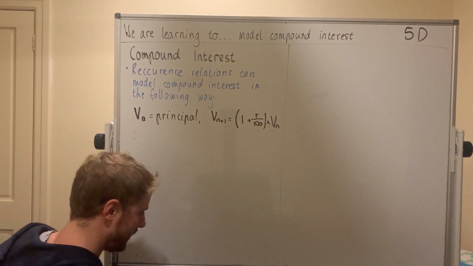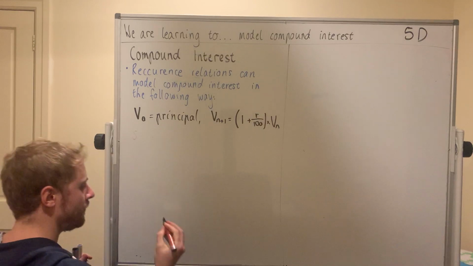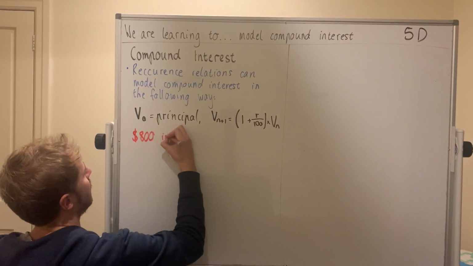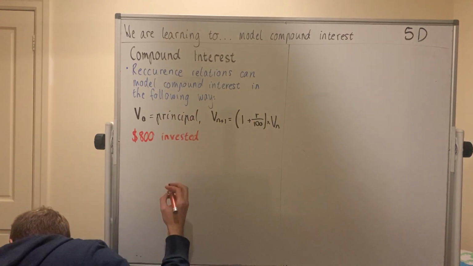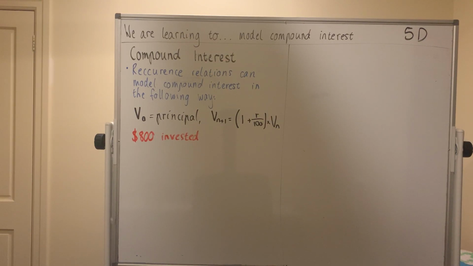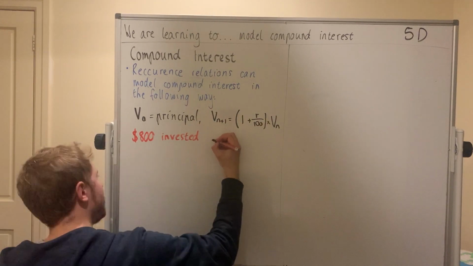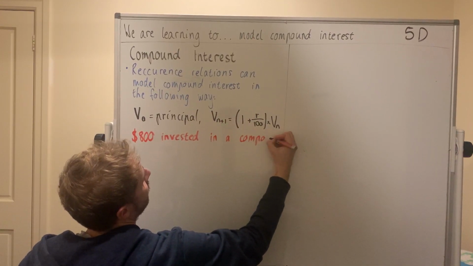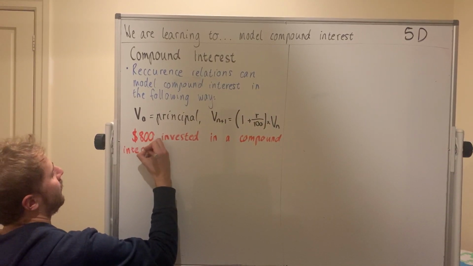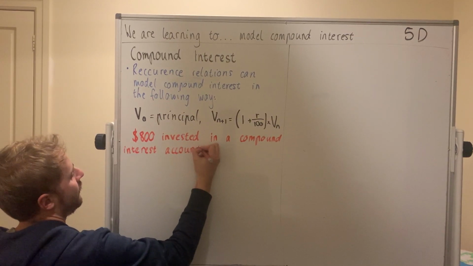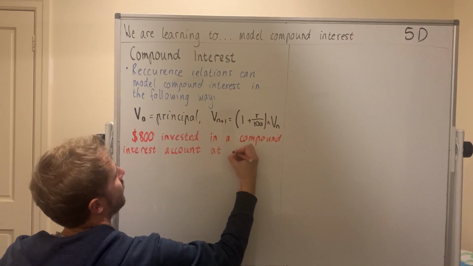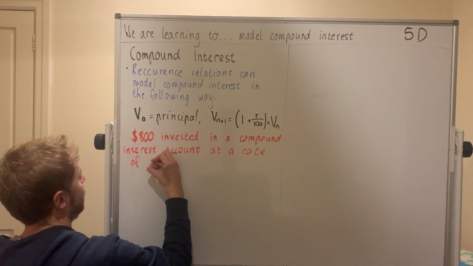So let's say we got $800, we'll say 5% per annum.